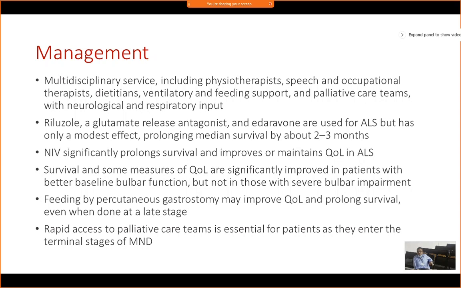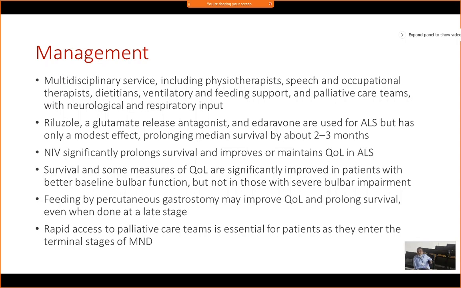That prevents asphyxia or hypoxia in these people, as well as prevents aspiration, and improves and maintains the quality of life. Survival and some measures of quality of life are significantly improved in patients having better baseline bulbar function, but not in those with severe bulbar involvement.